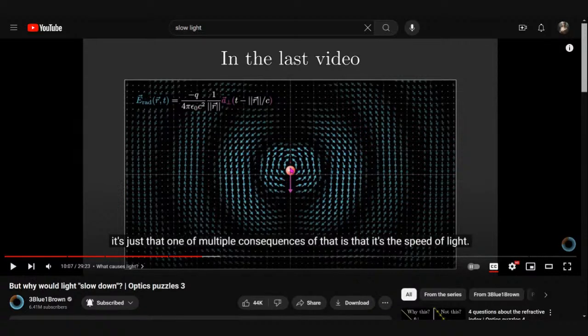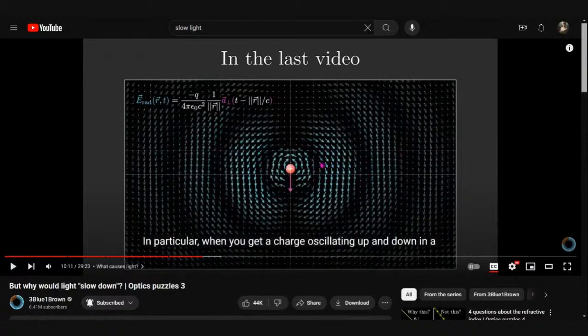So he's moving this up and down, and so the test particle is probably negative. Let's see. If the test particle would be very close, let me see. It is the speed of light. In particular, when you get a charge oscillating up and down, is he showing the direction of the electric field?